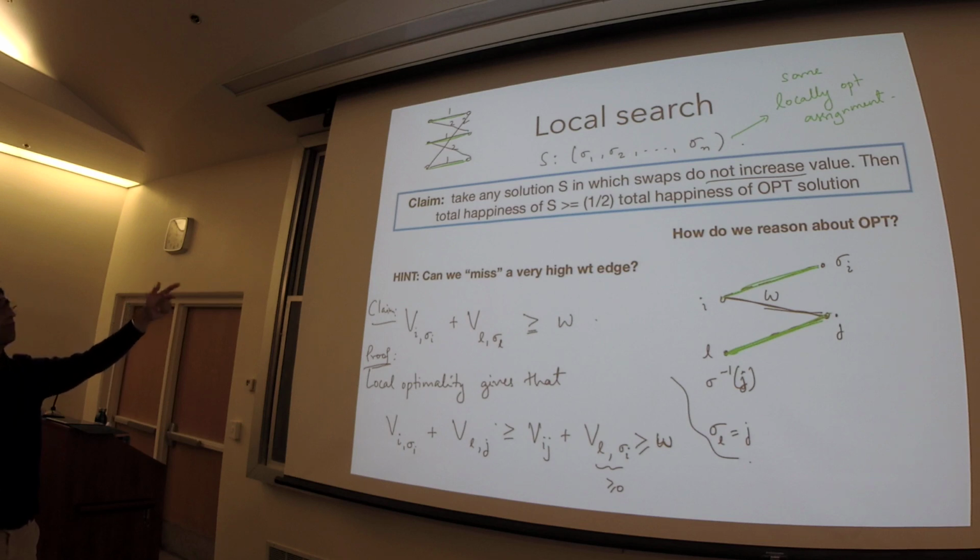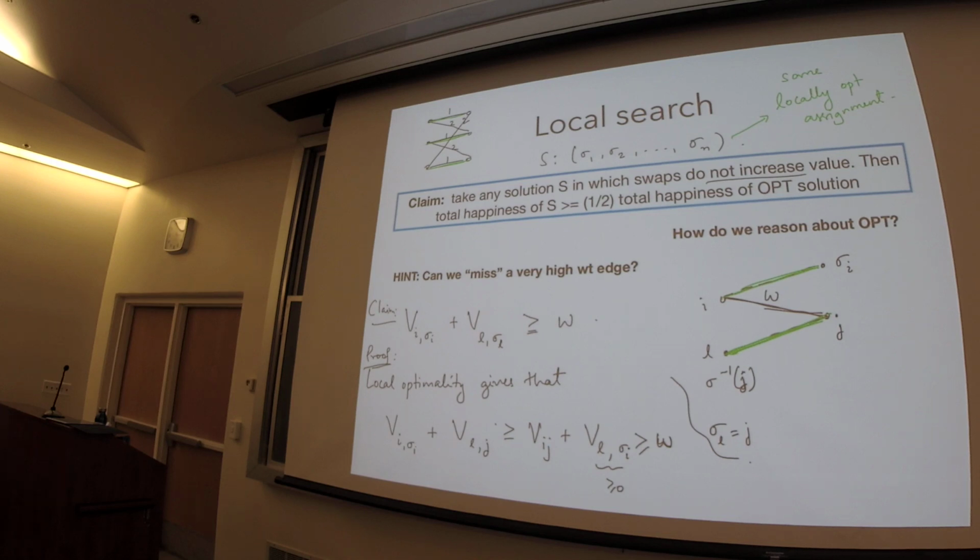Actually, I will draw this example and wait for a little while because you should think and convince yourself that there is no incentive to swap, because swapping doesn't increase the solution at this point. But still, this is a factor 2 worse than the best solution.